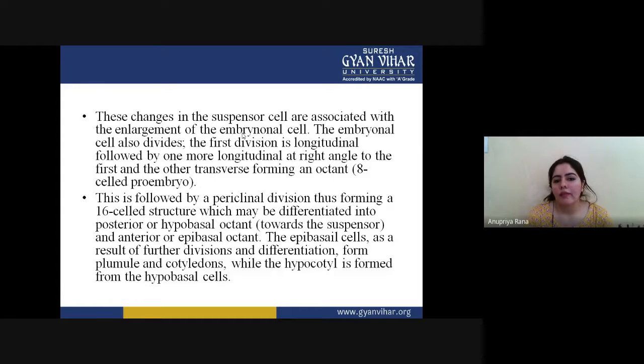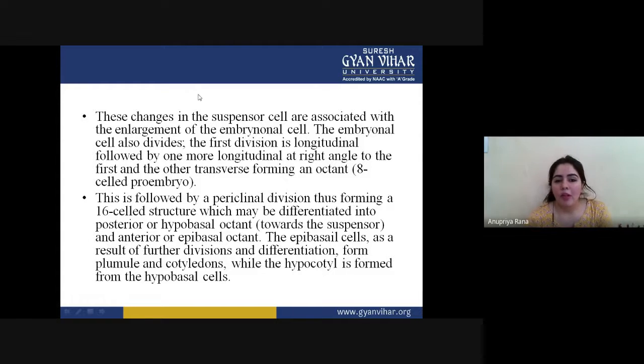So after the 8 cell stage, with the periclinal division they form the 16 cell stage, which may be differentiated into the posterior or hypobasal octant towards the suspensor, and the anterior or epibasal octant. So now two octants will be formed. One octant, towards the posterior, is called the hypobasal octant. Octant means 8 cells.